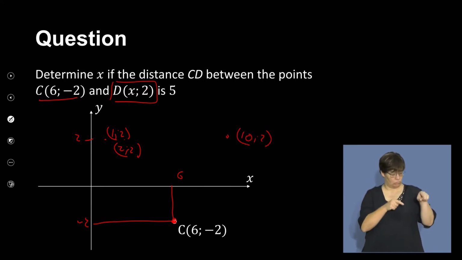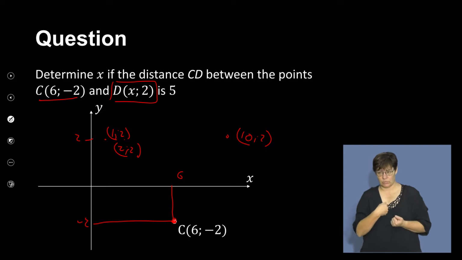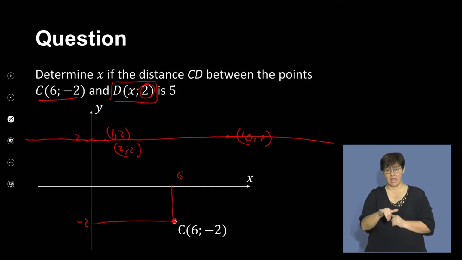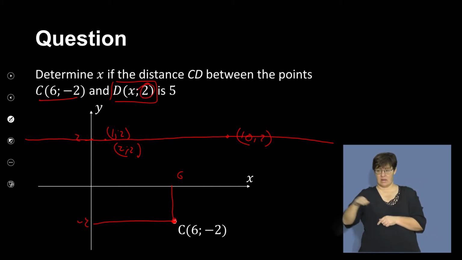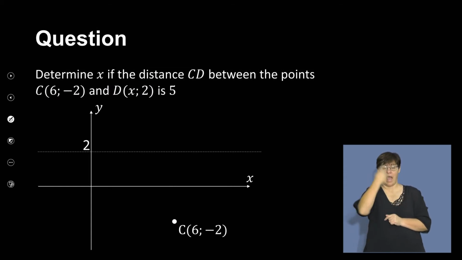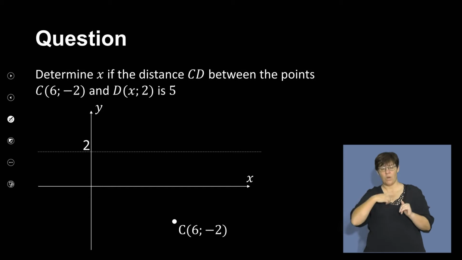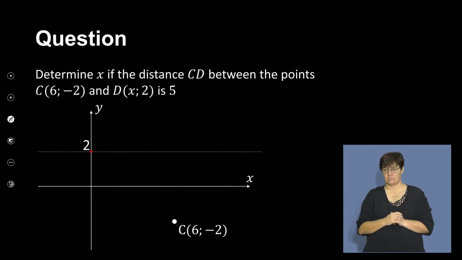I don't know where my point is going to be, but I do know that it's going to be somewhere on this line because the y value has to be 2. And so I drew another sketch, and what we can see here is that I've just drawn the line with all the points where the y value is going to be 2.